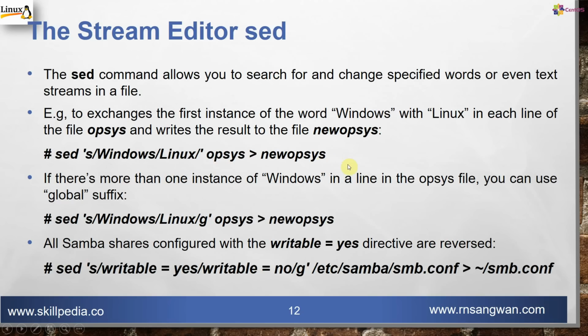Globally, because there's more than one instance of Windows in a line, you can use the global suffix. If there's a single occurrence, you can use it without /g. For global, you can use g.